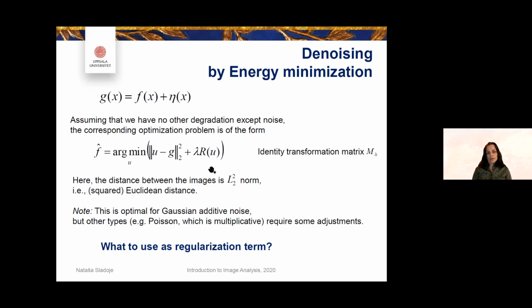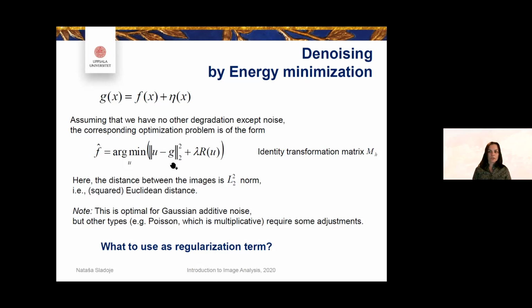If we don't have this regularization that imposes some additional constraints that we want to preserve, our energy function would reduce to looking for a function u which will minimize the difference between u and the observed image g. And quite obviously, that will be image g itself.